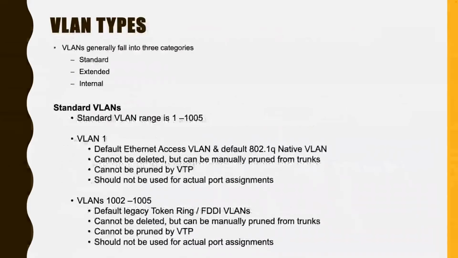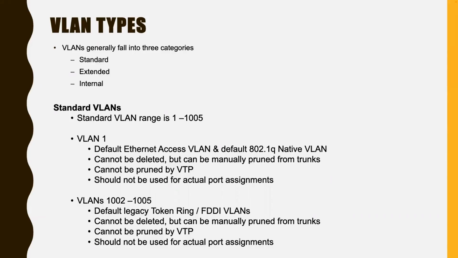All right, types of VLANs. On a high level, we have standard VLANs, extended VLANs, and within the extended we have some internal VLANs also. The standard VLAN range is starting from VLAN 1 going to VLAN 1005. VLAN 1 is our default VLAN.